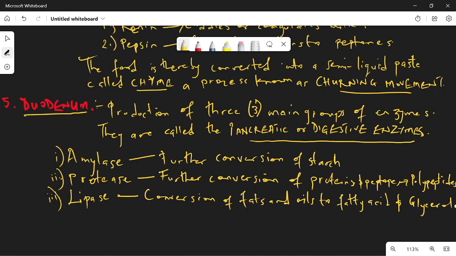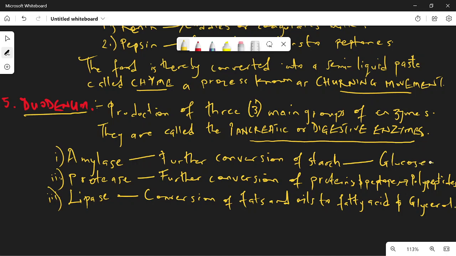So the lipase converts the fat and oils to fatty acid and glycerol. We have the protease. An example of a protease is trypsin. It converts proteins to peptones and then to polypeptides. We have the amylases carrying out further conversion of starch till we have the glucose. Are we together?